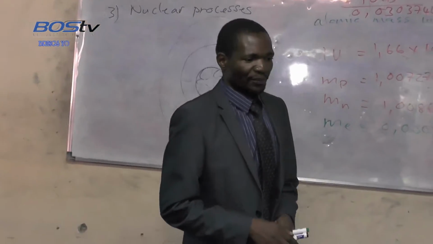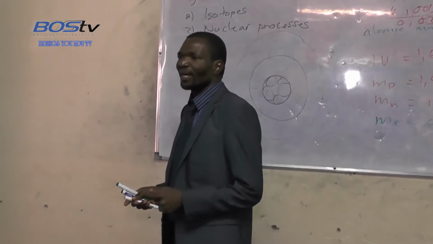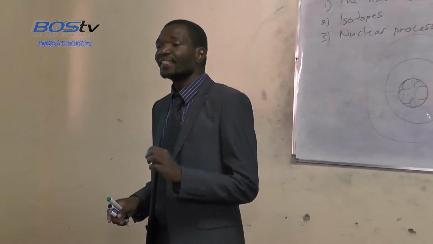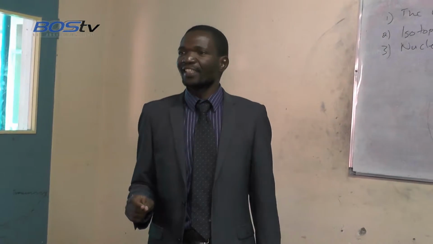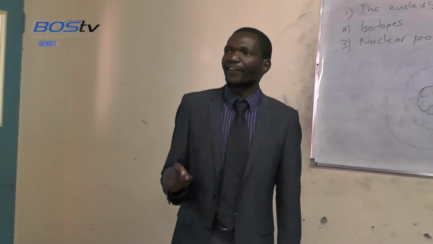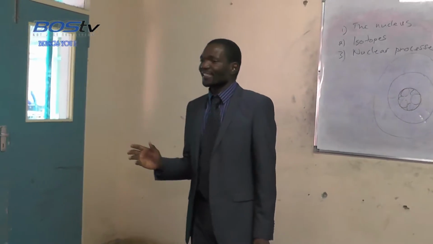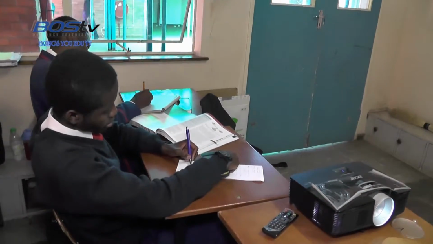Right. So now, the difference between expected mass and the actual mass is the one which we call the mass defect. So by definition, mass defect is the difference, you can write that down if you want, between expected mass and the actual mass. That's the mass defect.